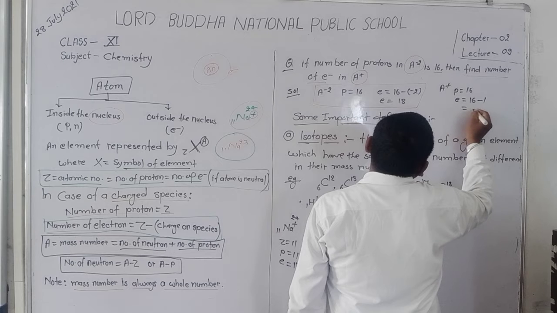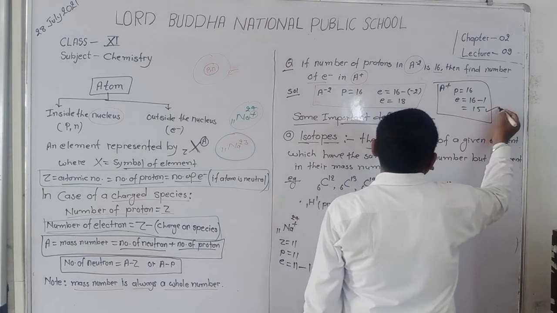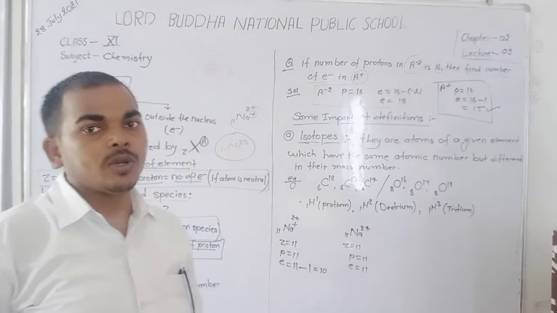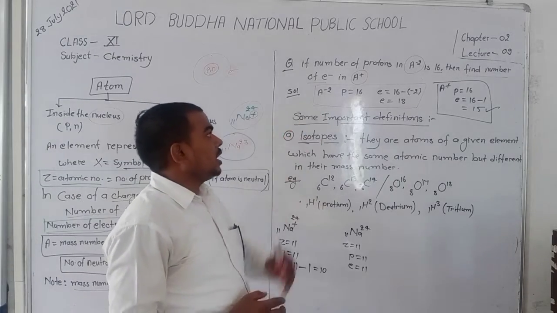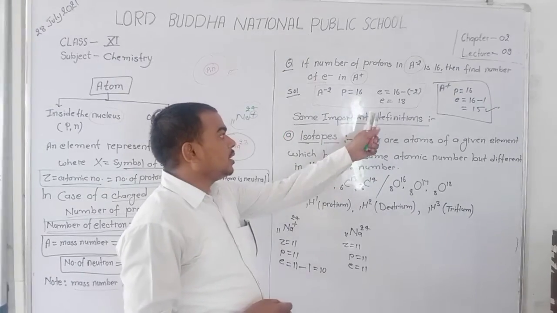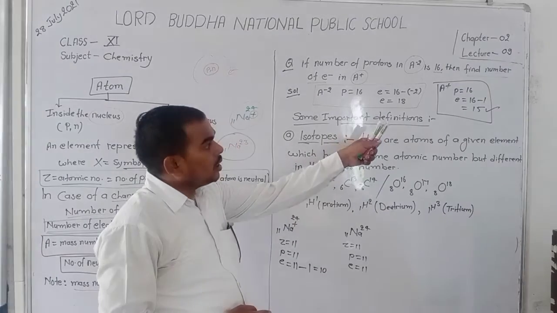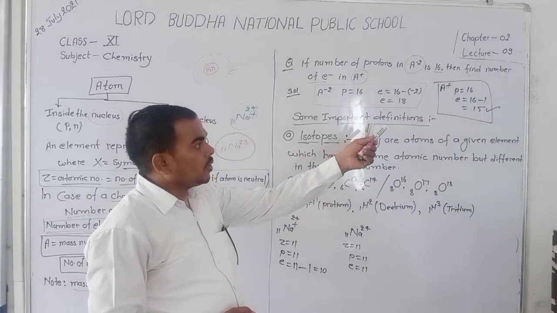So right here that is 15 electrons. So the solution is 15 electrons present in the A+. Okay student, if the question asks the number of electrons in A2-, then you say 18. But if the question asks the number of electrons in A+, then the number of electrons is 15.